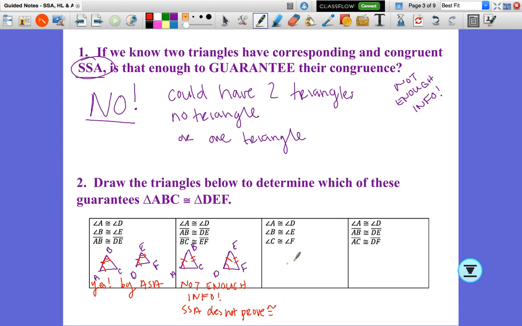What about this? A, B, C, DEF. Oh, we just got some angles here. A and D, B and E, C and F. Whoa, we just got 3 angles?